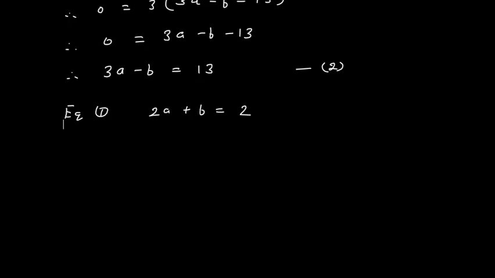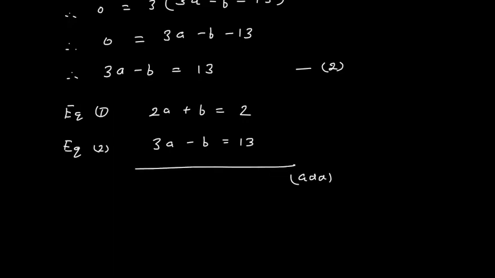Now if I add these two equations, then 2a plus 3a I will get 5a, the b will cancel, and here I will get 15. So this will give me the value of a as 15 upon 5, which is 3. So I got the value of a as 3.